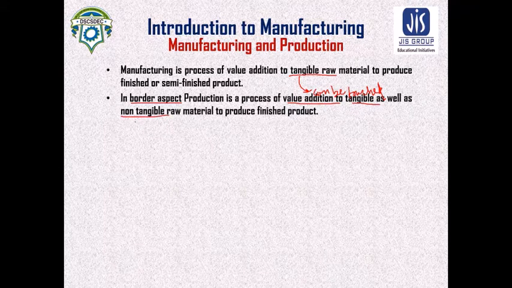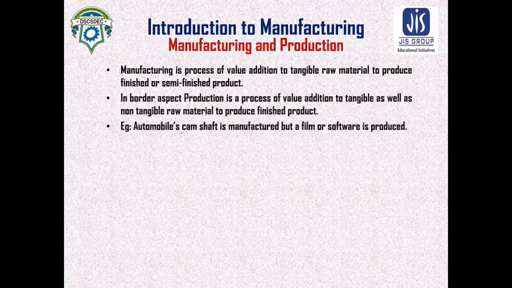Non-tangible means can't be touched. From this we can say that, for example, an automobile camshaft can be manufactured, but a film or a software can be produced.